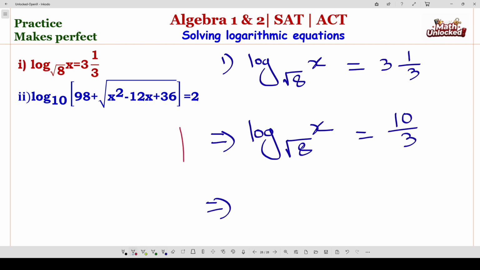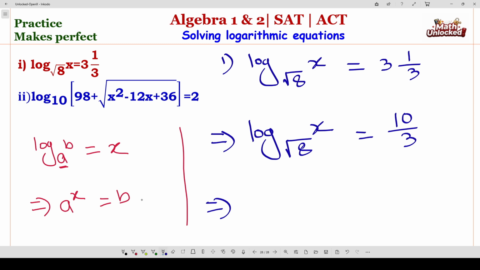We know a law of logarithm: log base a of b equals x means the base stays the same, a to the power x equals b.